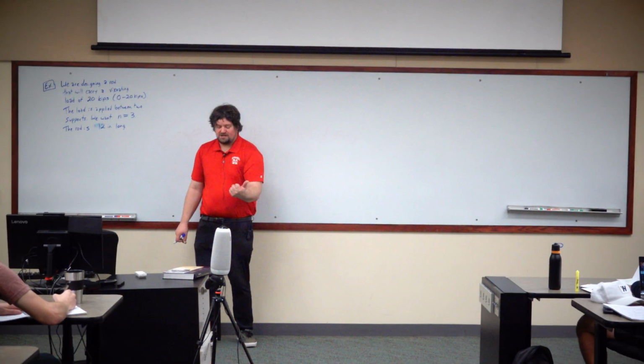Now, we know we're going to need a couple of things in order to figure out any kind of stresses, right? What do we need? We need to know the type of load. So let's go ahead, because I kind of gave you that, I will draw out a free body diagram.